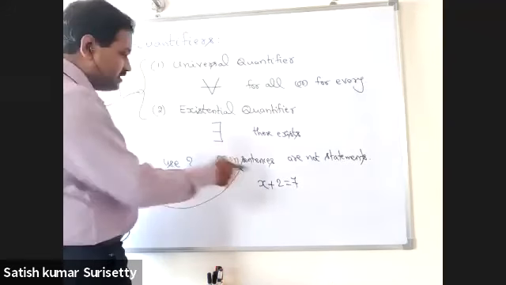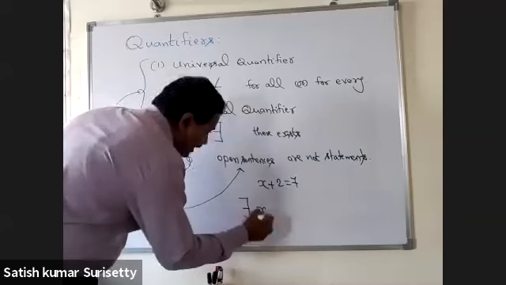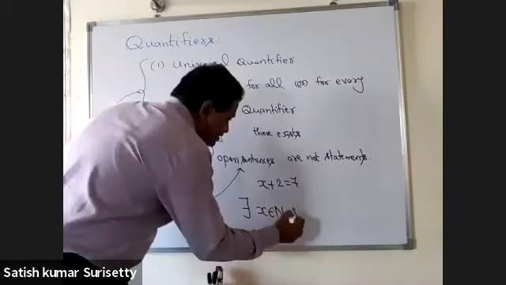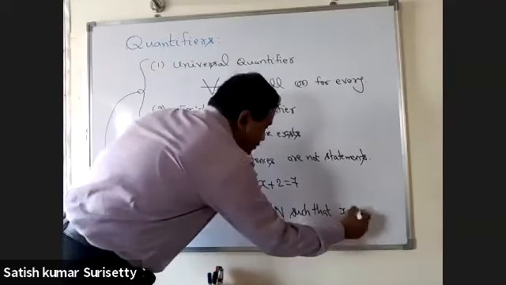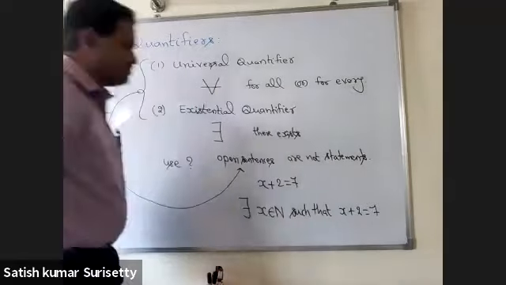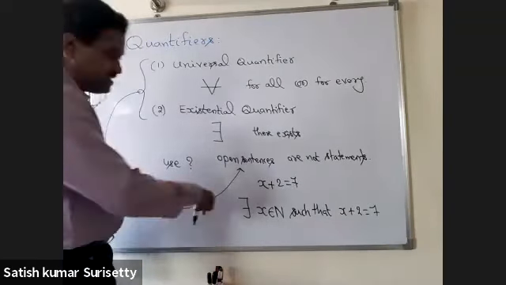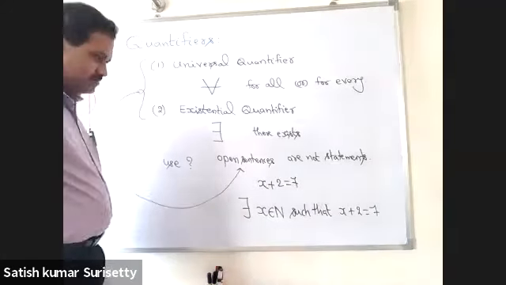That means I should rewrite this as there exists x belongs to N such that x plus 2 equal to 7. Now, will this be a statement or not? Yes.